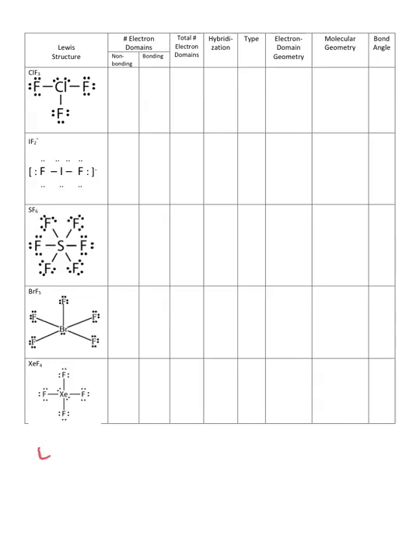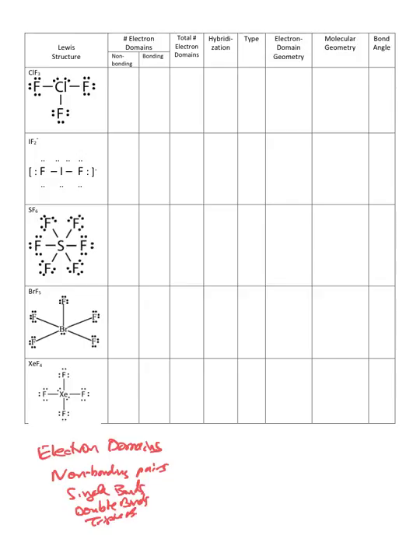So our electron domains are non-bonding pairs, single bonds, double bonds, or triple bonds. Each one of those is just a single electron domain.